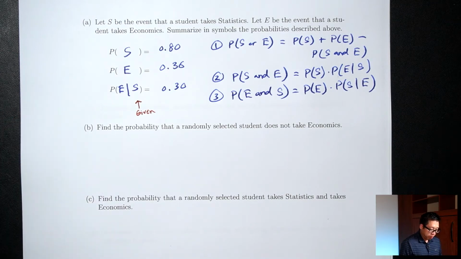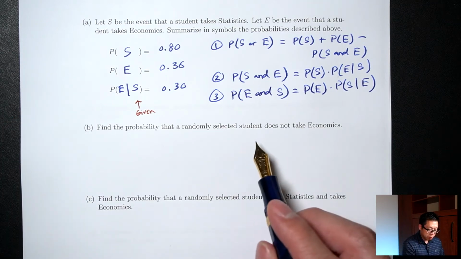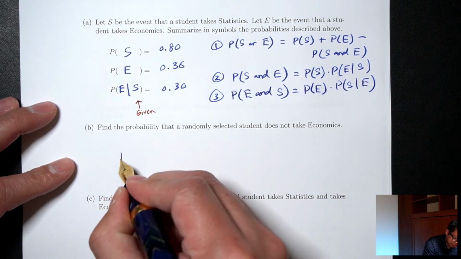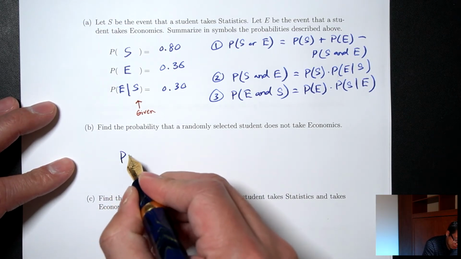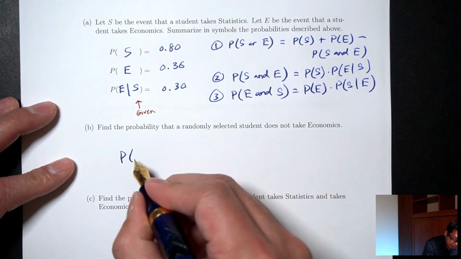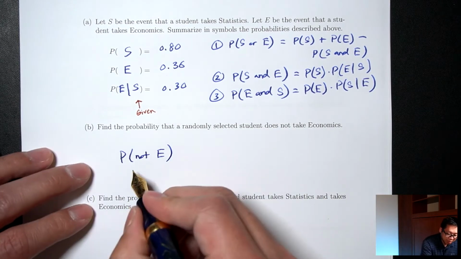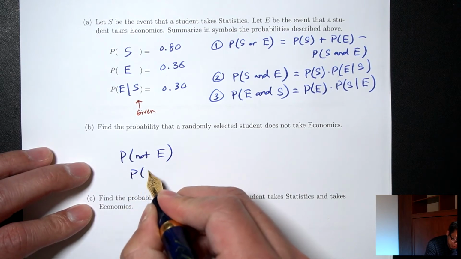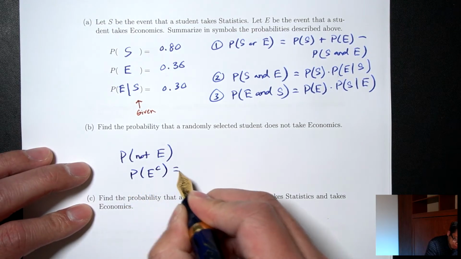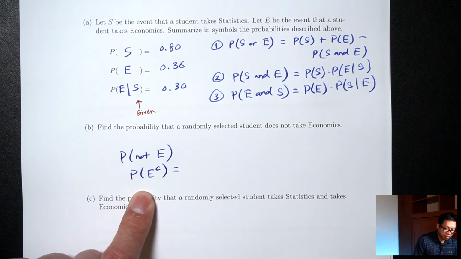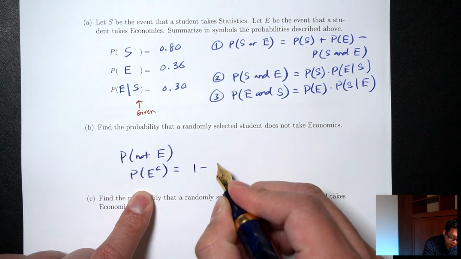Part B, find a probability that a randomly selected student does not take economics. So I lied. This one does not use one of those. So we're looking at not economics, so not E, which is the same thing as, remember, not is complement. And then the complement rule says that probability of a complement is just 1 minus the probability of regular.